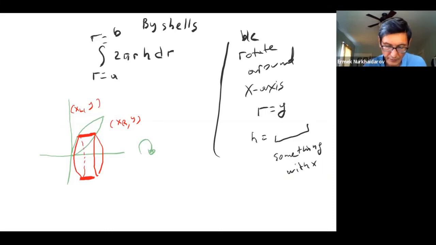And on that shell, we see the radius and we see the height. So radius is going to be the distance from the x-axis to the interval. It's a vertical distance, so it's y, as we already suspected. And height is going to be from your left point to your right point, so it's x right minus x left.